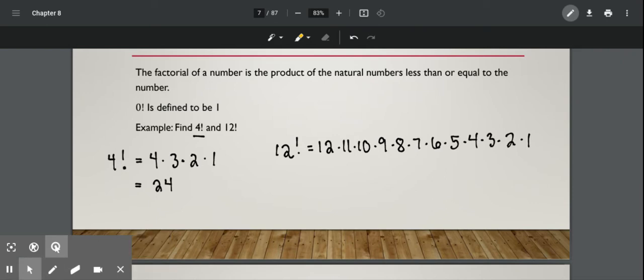All right, and the good news with something like 12 factorial is that in your calculator, if you go to your math button and then over to your probability, there's a factorial in there for you. So if you need one that's a bigger number, you could just type 12 and then math, go over to probability, and go down to number 4 and hit your exclamation mark, and you would get the value of 12 factorial.